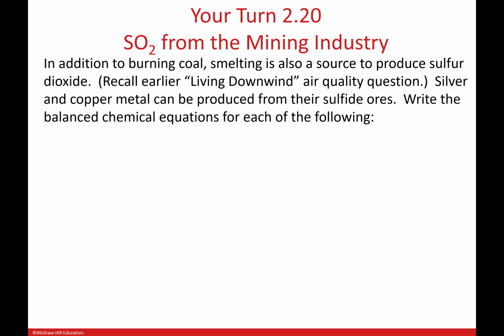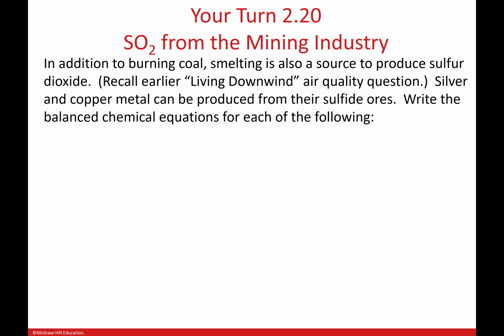All right, what else we got? Another your turn. Earlier, in chapter 2, we did a living downwind sort of thing, and you guys double-checked with regard to sulfur dioxide if this person was in peril based upon what she was exposed to.